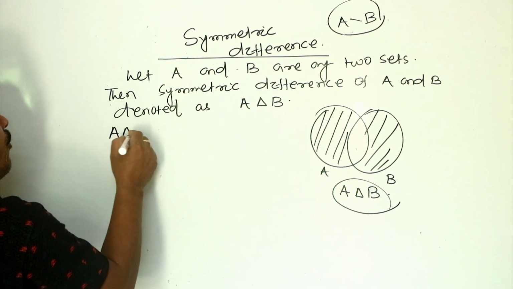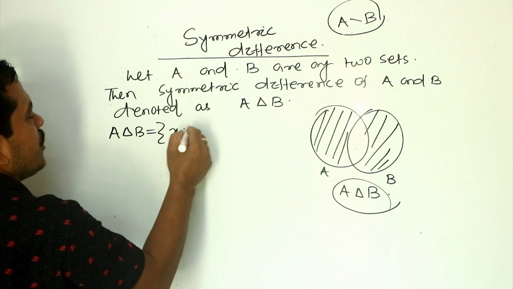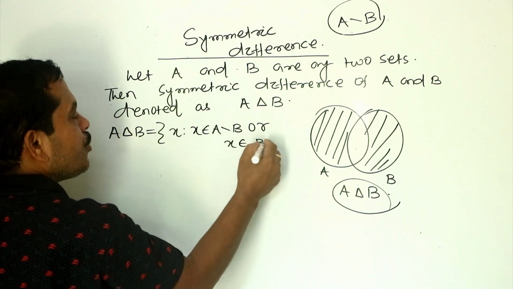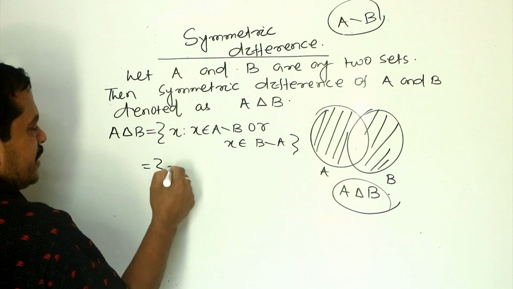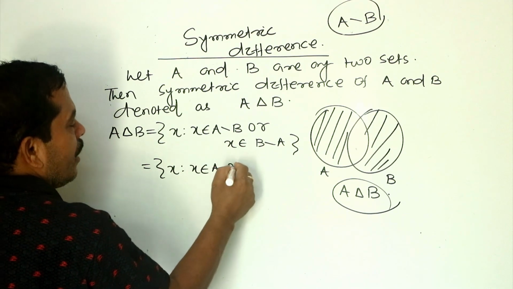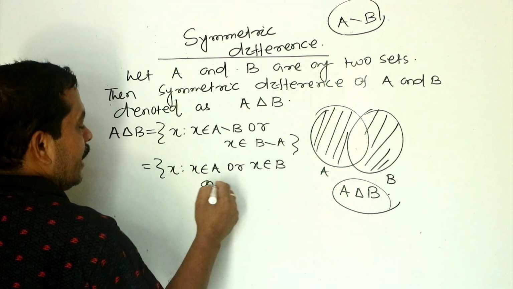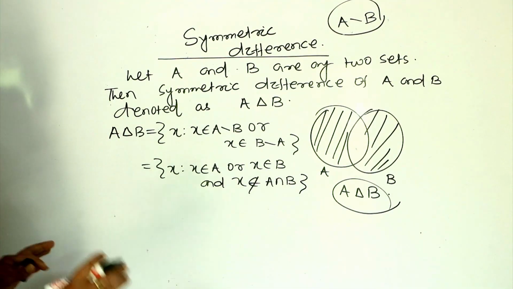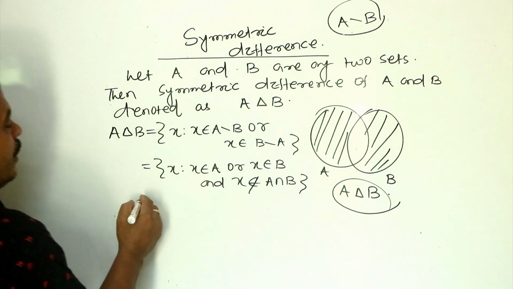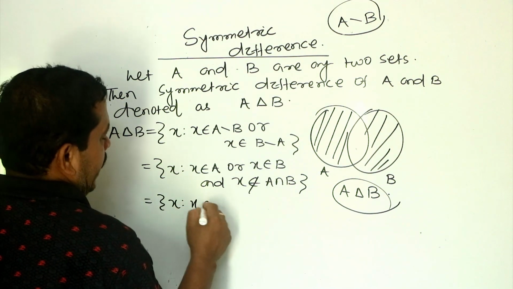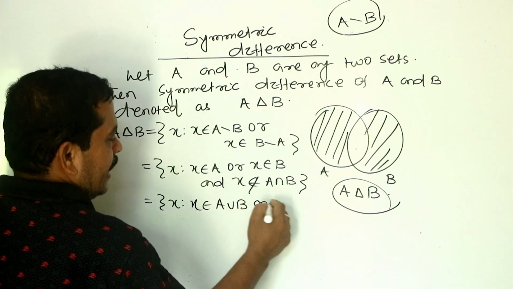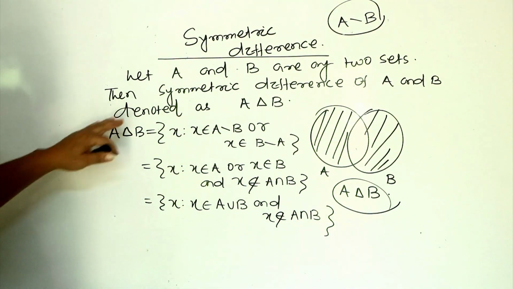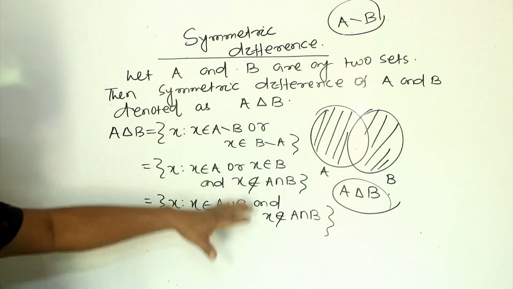In set builder form we represent it as x such that x belongs to A difference B or x belongs to B difference A. It is also expressed as x such that x belongs to A or x belongs to B and x does not belong to A intersection B, meaning it is not a common element between A and B. It is also written as x such that x belongs to A union B and x does not belong to A intersection B. That is the representation of the symmetric difference in set builder form.